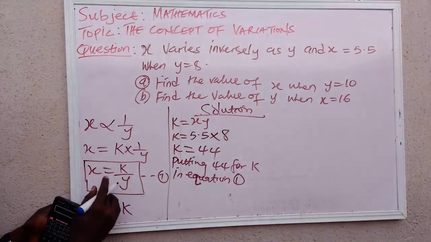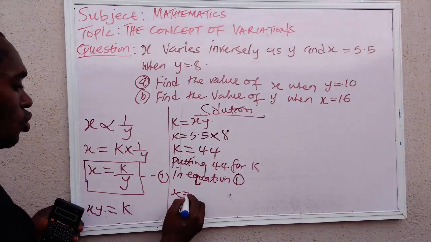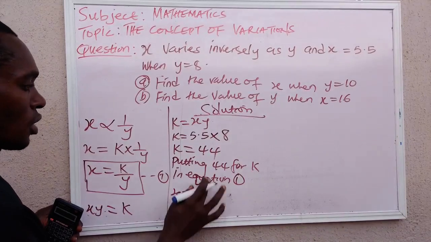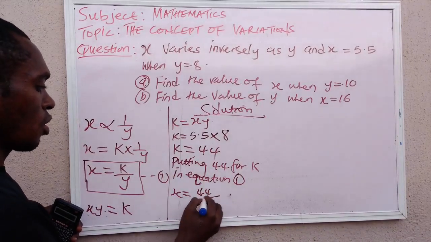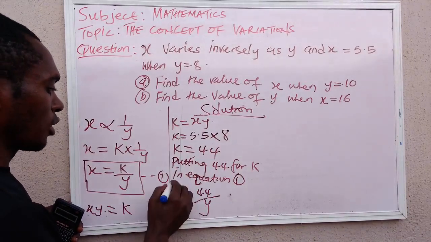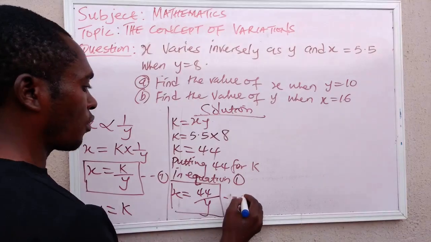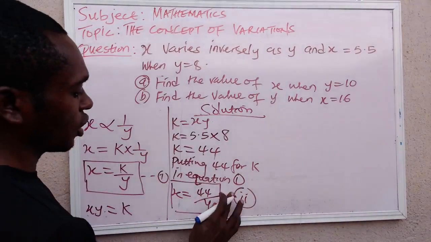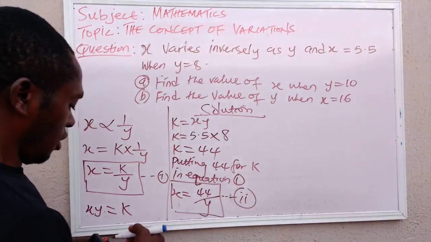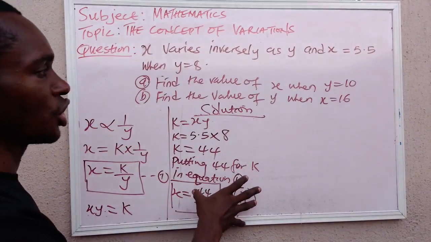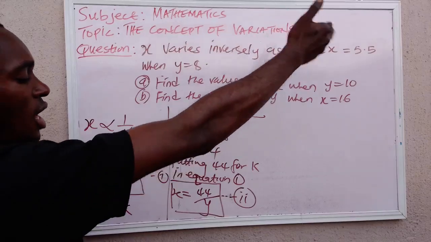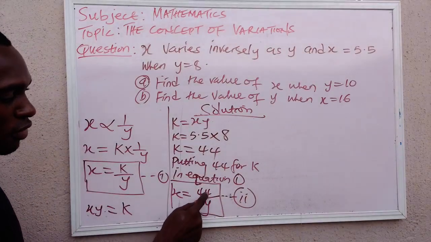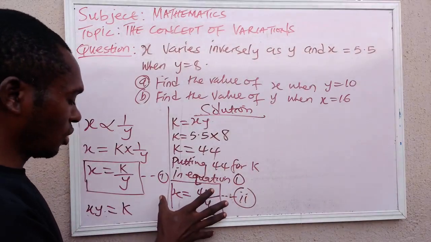So what we now have is x equals k, that's 44 over y. So this is the formula connecting these quantities. If they ask you, the question might be, what is the relationship connecting x and y? This is the formula: x equals 44 over y.